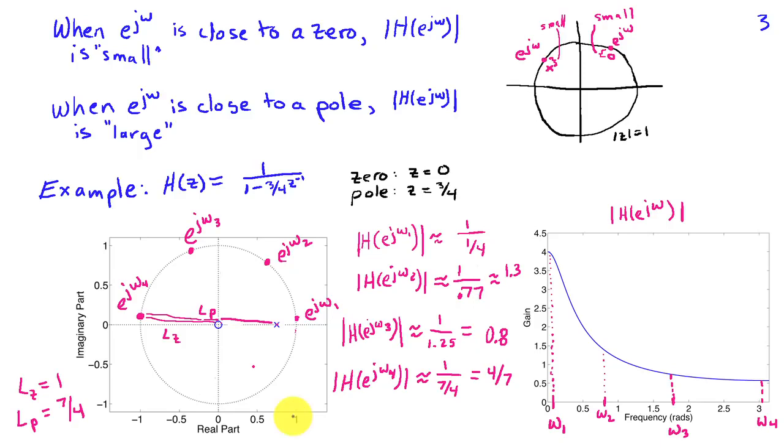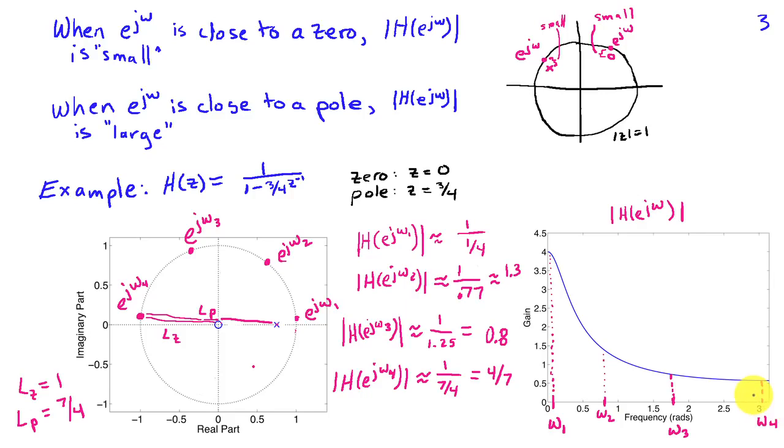And finally, as we get near omega equals pi, at say omega 4 here, again the distance to the 0 remains at 1, but the distance to the pole starts to approach 7/4, and consequently the magnitude of h of e to the j omega 4 becomes approximately 4/7 as we get close to pi.